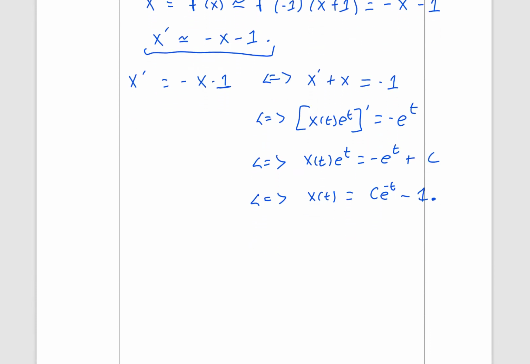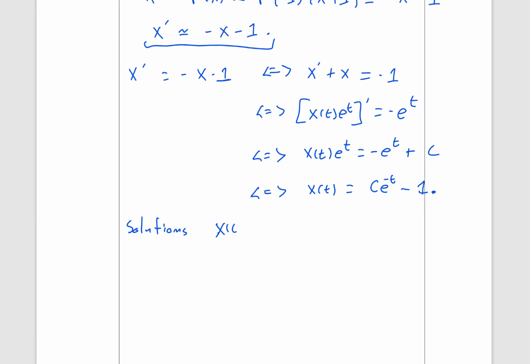So what this tells me is that solutions x of t near x of t equals minus 1. Let me say this a little bit differently. It's not that t is close to minus 1, it's that x is close to minus 1.